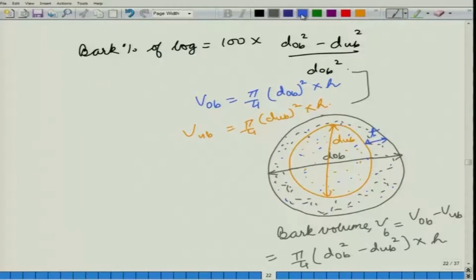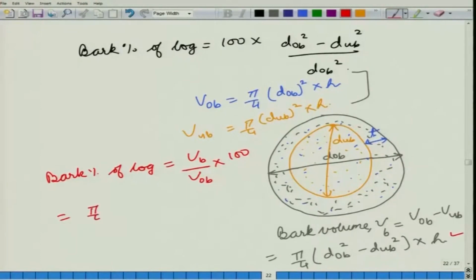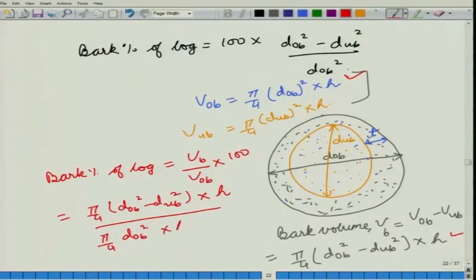Now, just take another color. Bark percentage of log is the volume of the bark divided by the over bark volume multiplied by 100. So, it is VB, we take it from here, pi by 4 dOB square minus dUB square multiplied by height, divided by the over bark volume from here, pi by 4 multiplied by dOB square multiplied by h, and then we multiply it by 100.